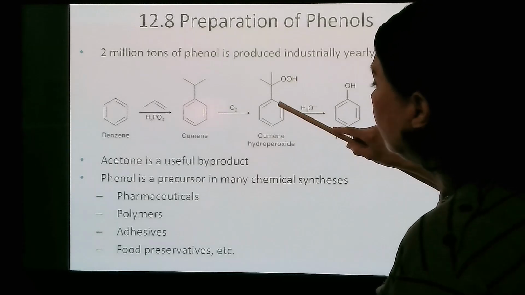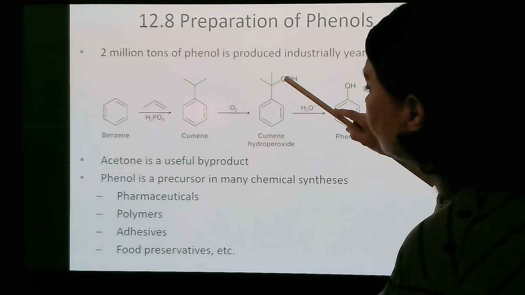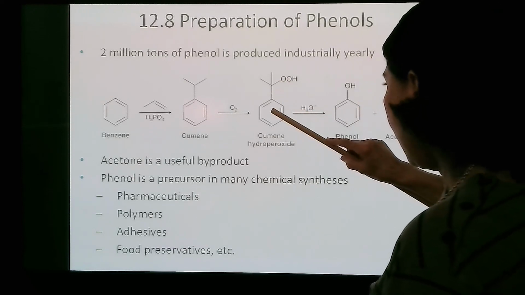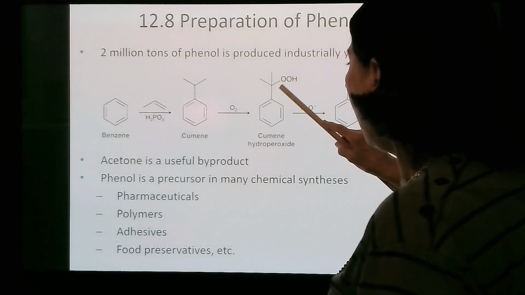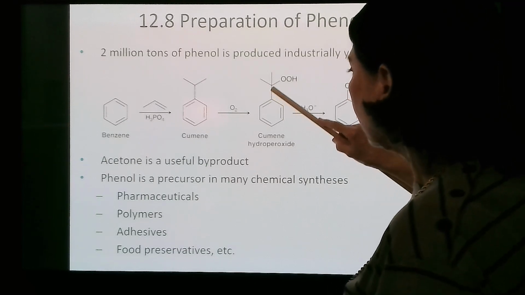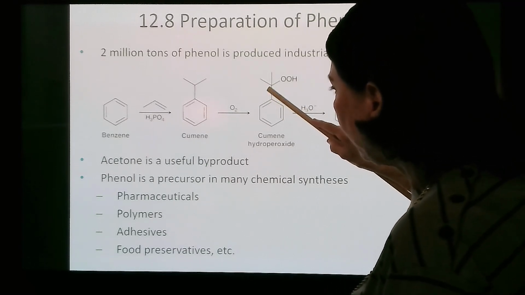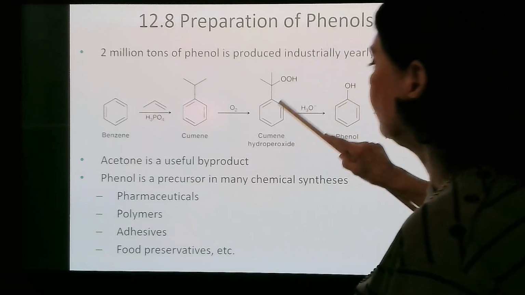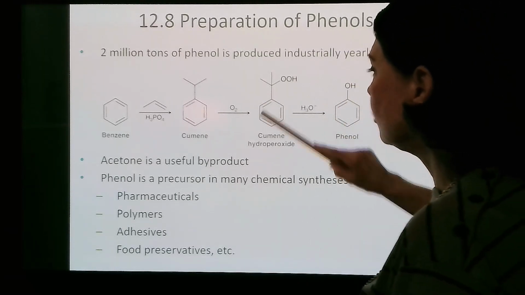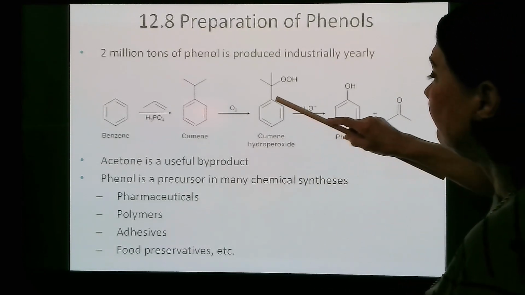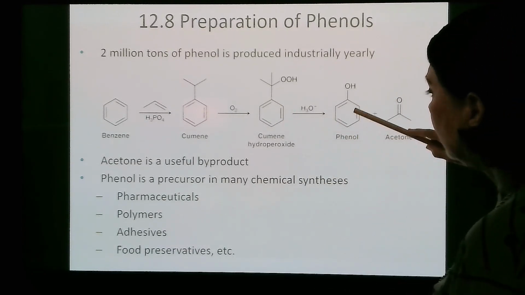And so then the pair of electrons in the oxygen-oxygen bond moves in, forms a double bond, and then this pair of electrons moves back in so that it satisfies the positive charge temporarily generated. And so then it simply converts this molecule into phenol.